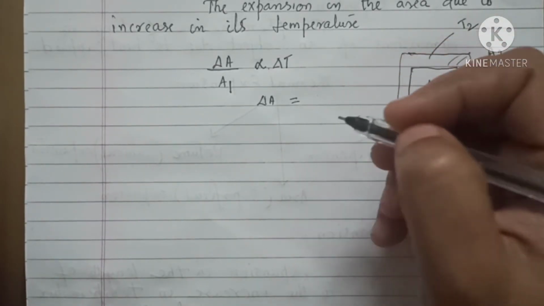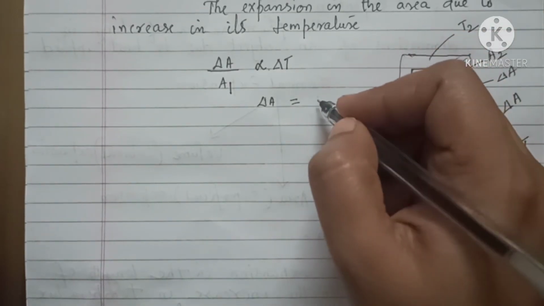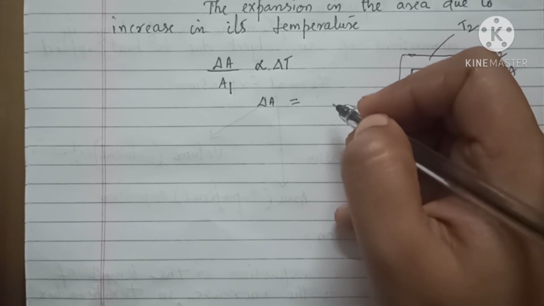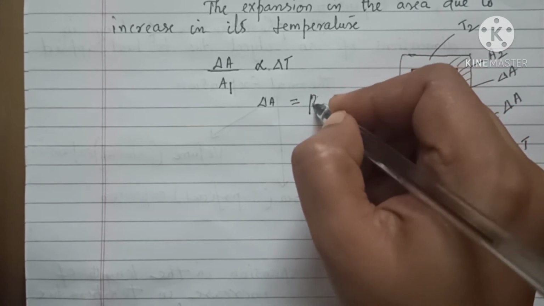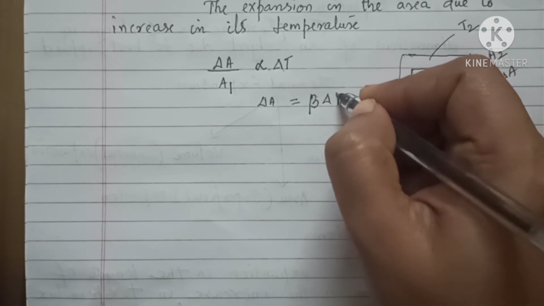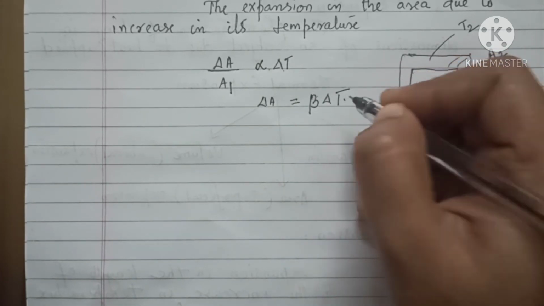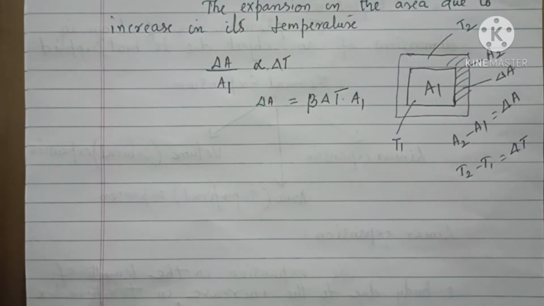You can write it as beta, or you can write it as alpha A. So I am using beta here, and delta T into A1 also. Beta then A1 delta T.